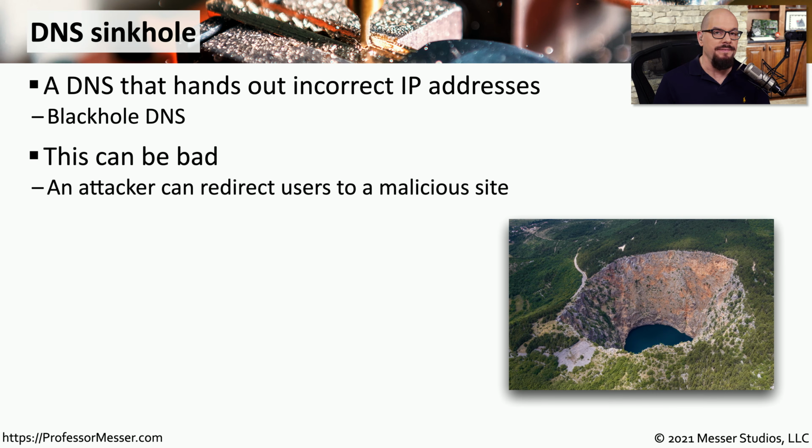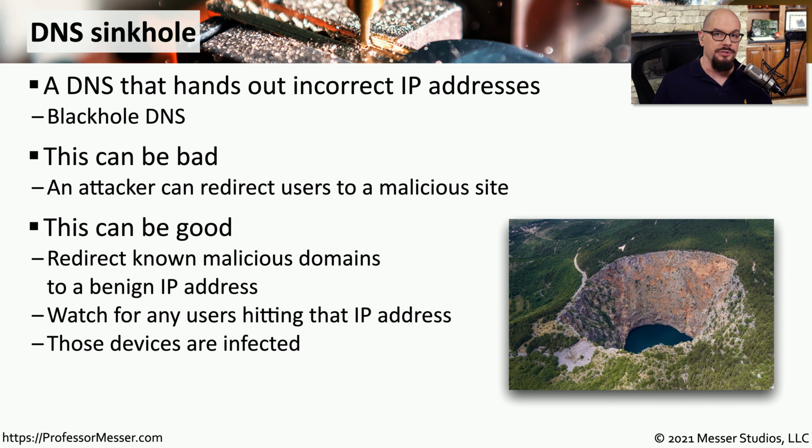This can be bad if an attacker is implementing a DNS sinkhole because they may be able to redirect users to a specific location or may create a denial of service where no one is able to communicate to the proper service. This is more commonly used, however, to provide intelligence for the security professional. We know that there are certain sites that a user will visit if they happen to be infected with a type of malware.